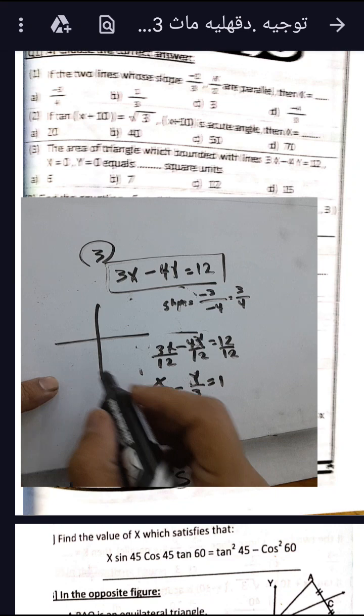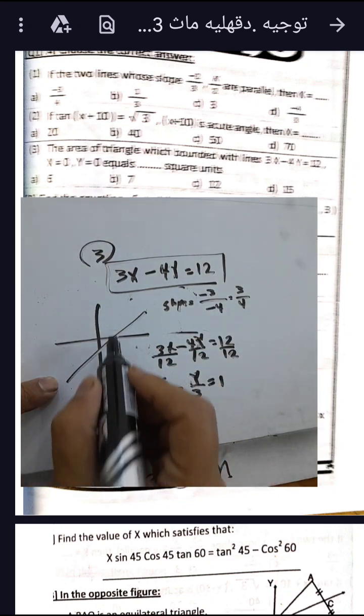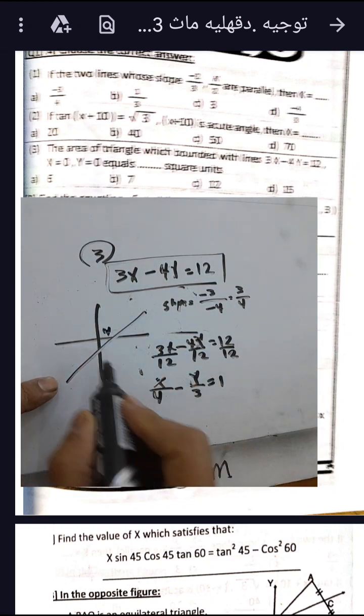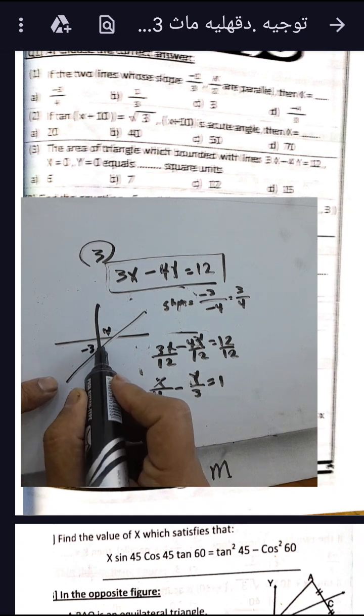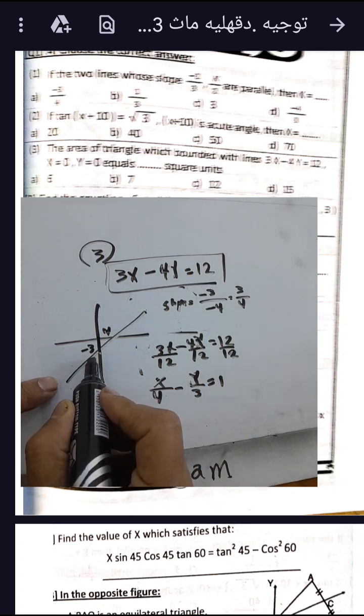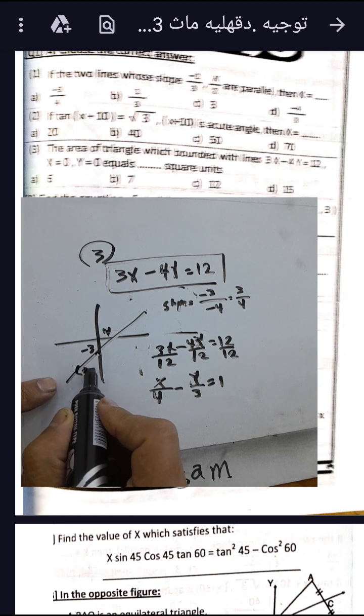The point here will be 0 and negative 3.